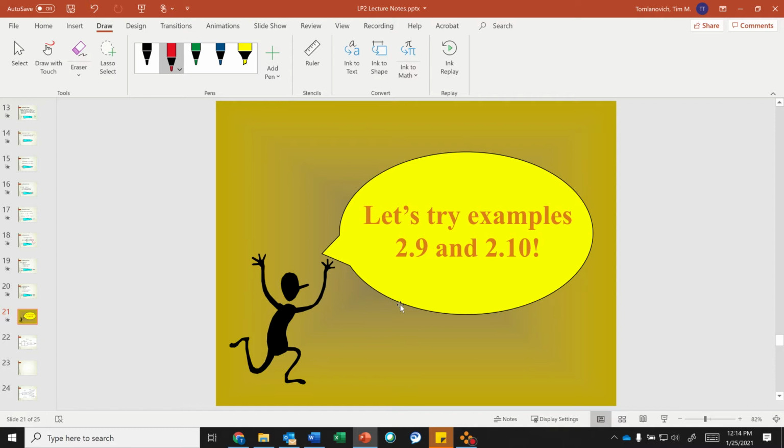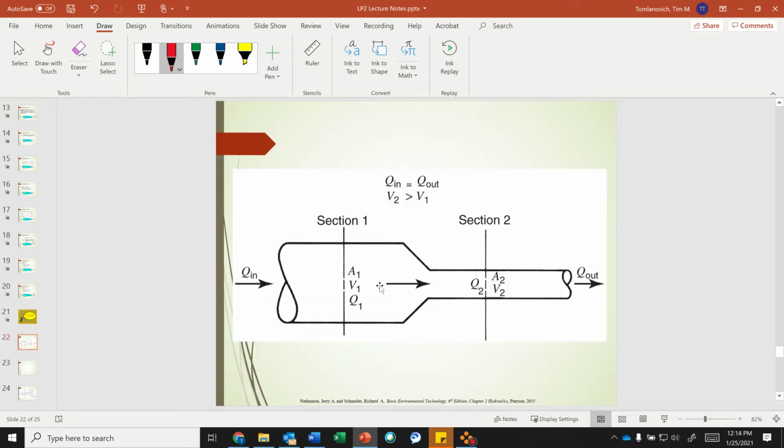All right, example 2.9. In the pipeline shown in figure 2.11, the area at section 1 is 0.5 square meters. So let's write down what's given here.